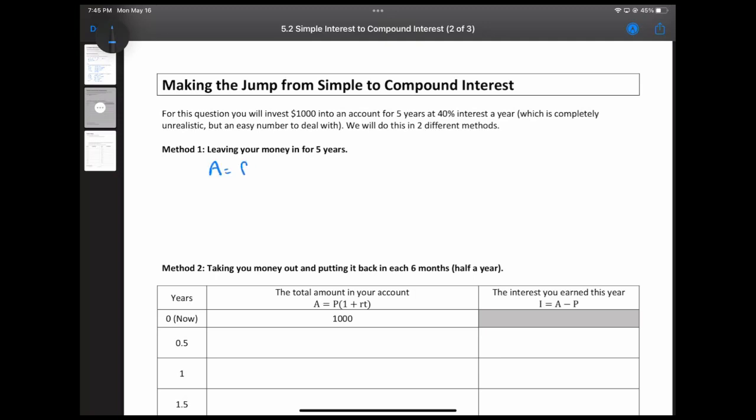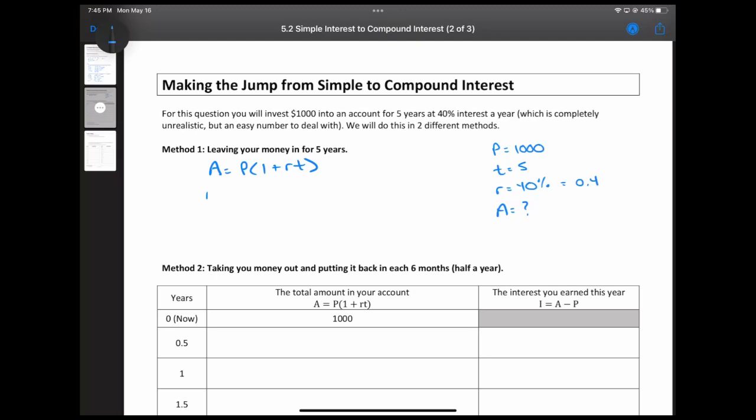So A equals P(1 plus RT). And oh, I forgot to put my variables at the side there, so I'll just do them over on the right-hand side. We're investing $1,000. Time is 5 years, and the interest rate is 40% or 0.40, but the 0 doesn't do anything, so just 0.4. And we're trying to solve for how much we're going to have invested at the end.